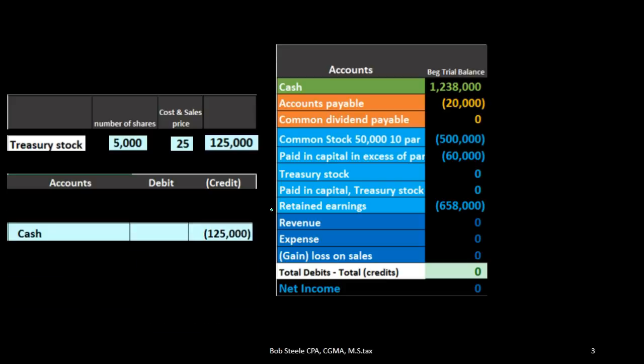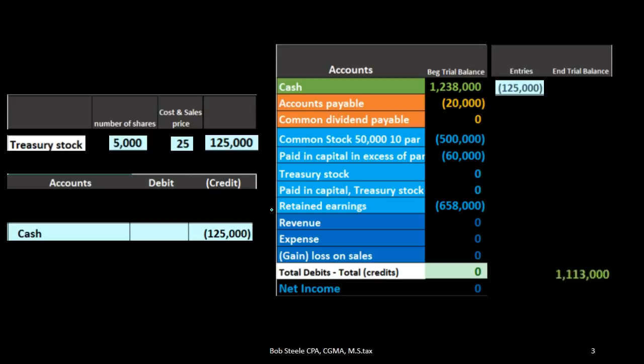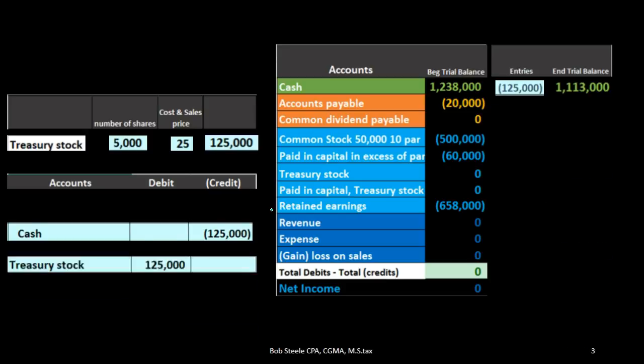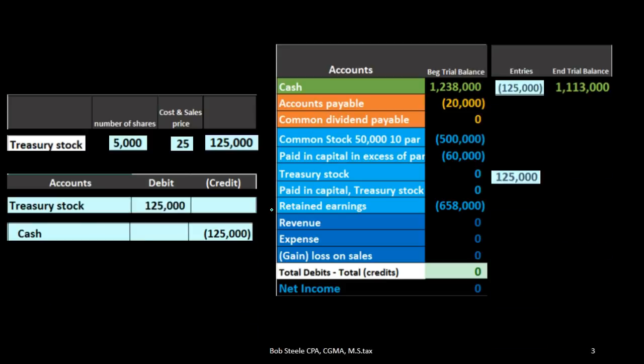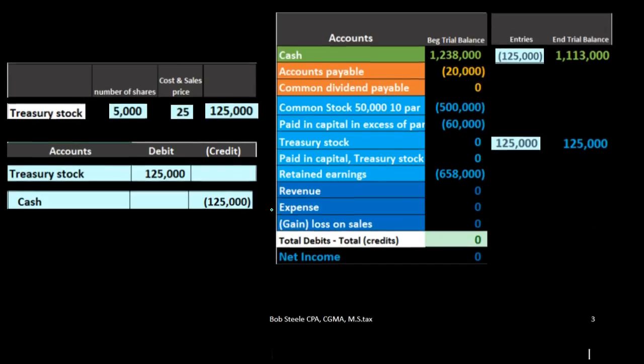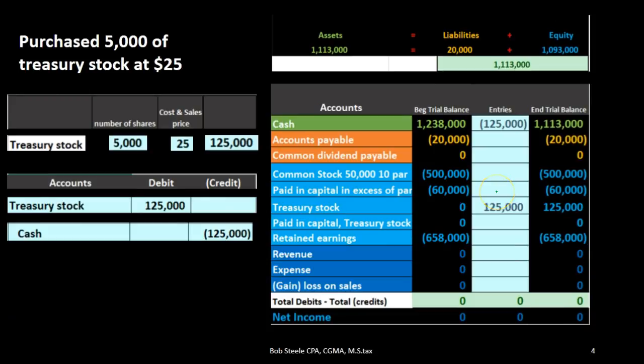We would just credit cash for the amount of cash that we paid, reducing the amount of cash. We would then debit the treasury stock, and that would debit the treasury stock in this format. This seems pretty straightforward. That's what we would think we would do if we purchased any type of stock. If we purchased McDonald's, we would credit the cash we paid and we would debit the stock.